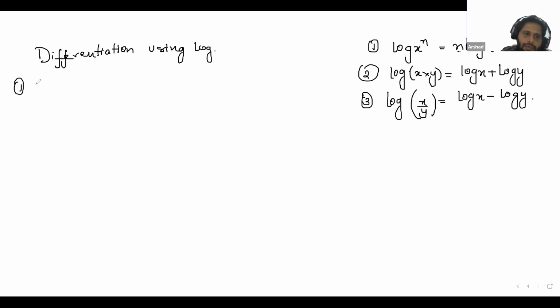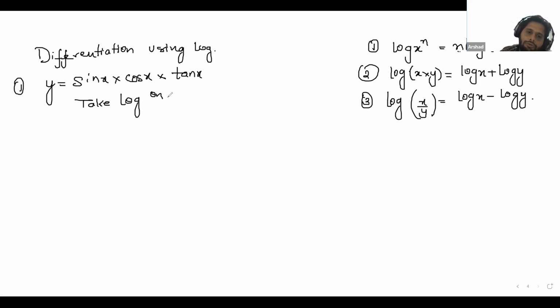For example, if we have y is equal to, suppose, sin x into cos x into, for example, tan x. These three terms are in multiplication and it is not very simple to differentiate it. So what we will do, take log on both sides.